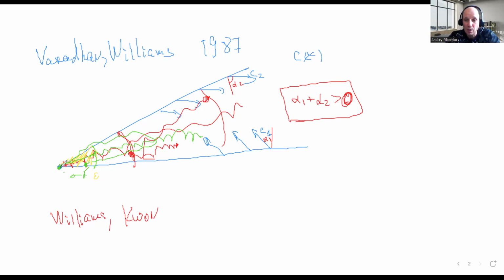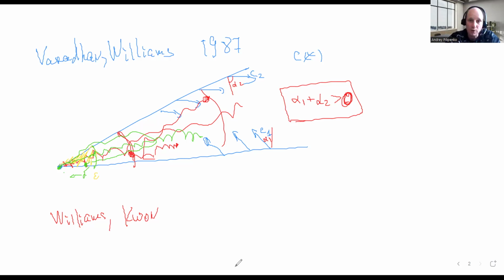And today I only answer the question: does the diffusion reach the vertex or not? I can answer the question not only for reflected Brownian motion, but also for some stochastic differential equations.